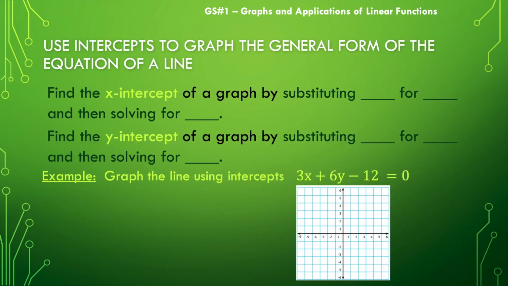The next thing we'll look at is using the intercepts of a line to graph the general form of the equation. Now this is slightly different than using slope-intercept form because we're going to use both the x-intercept and the y-intercept of a line. So let's think for a second. An x-intercept is something that falls on the x-axis, right?